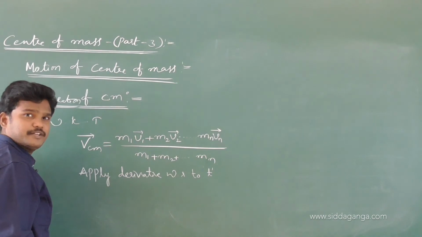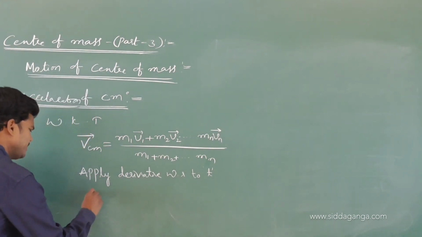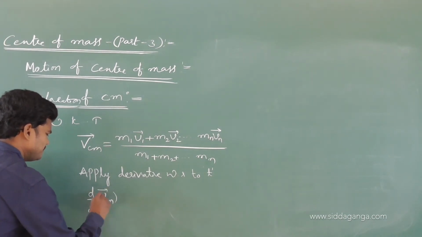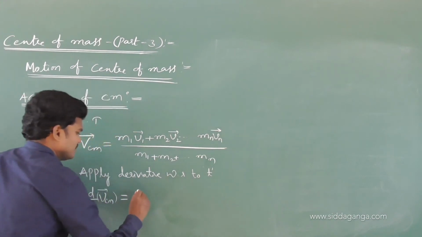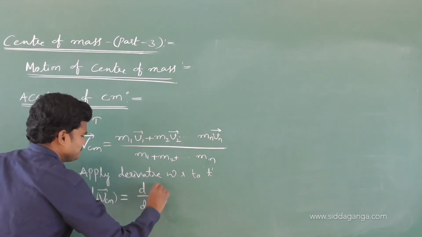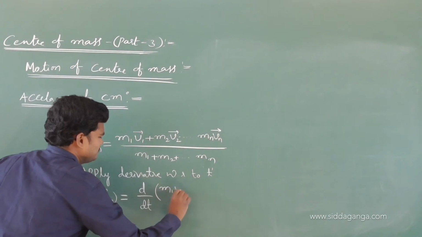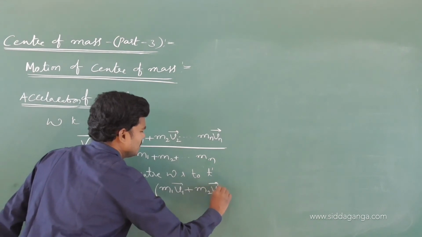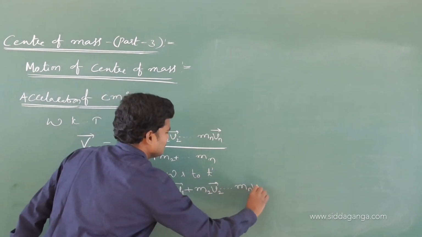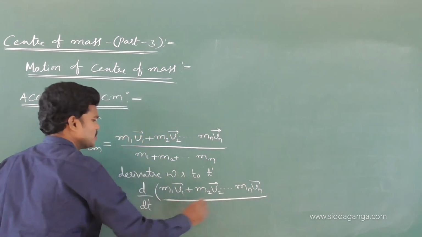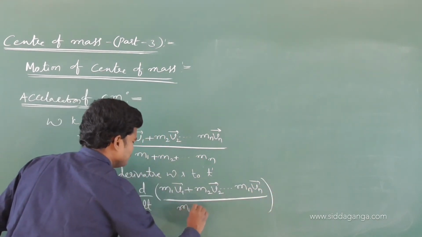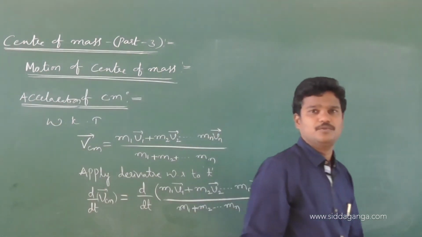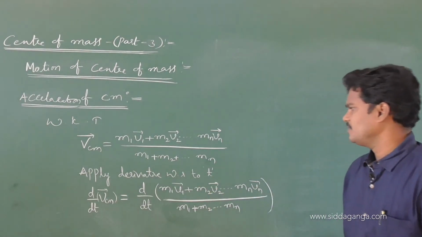So d by dt of Vcm bar equals d by dt of m1 v1 bar plus m2 v2 bar, and so on up to mn vn bar, divided by the total mass. Otherwise you can write m1 plus m2 and so on up to mn, or capital M. So we apply the derivative and we will get these equations.